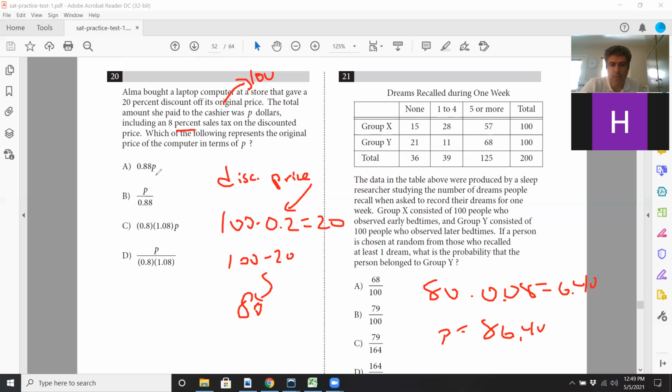So you plug in 86.4 in each choice, and see which one represents the original price, which again was 100. You see I'm putting 86.4 for P in each choice. Pretty sure it's not going to be A. I don't think it's going to be B either. Let's do C, 0.8 times.